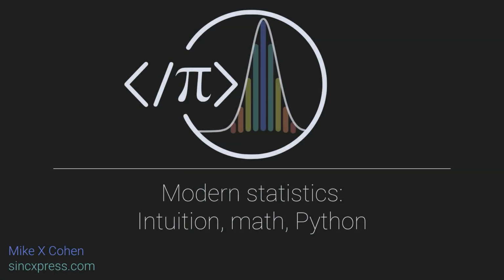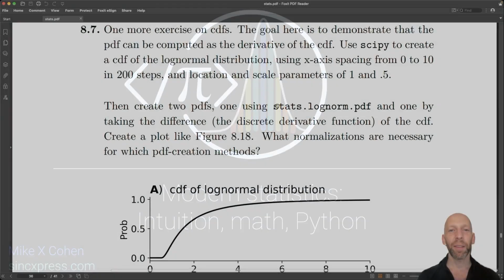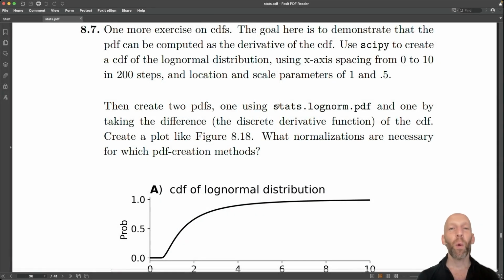Here we are with exercise 7 of chapter 8. This is one more exercise on CDFs and PDFs and normalizations. The goal here is to demonstrate that a PDF can be computed as the derivative of a CDF. That is the relationship between the PDF and the CDF, which I described in the main text of this chapter.